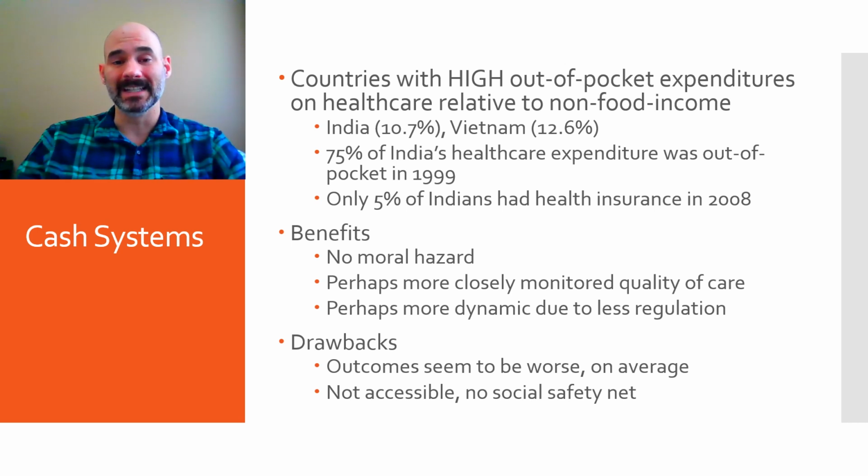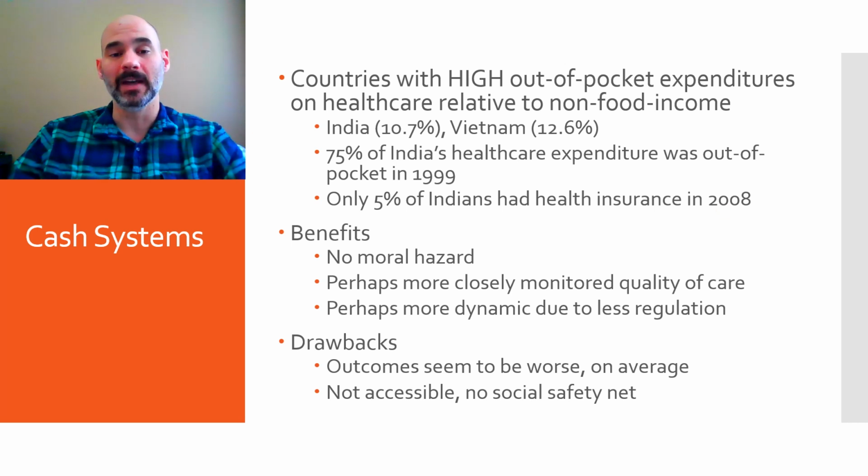And while this data is a little outdated, I think it's still interesting to consider. And I have not heard that it's necessarily changed that substantially over this time, as evidenced by 10 years later in 2008, the statistic that only 5% of people in India had any form of health insurance.